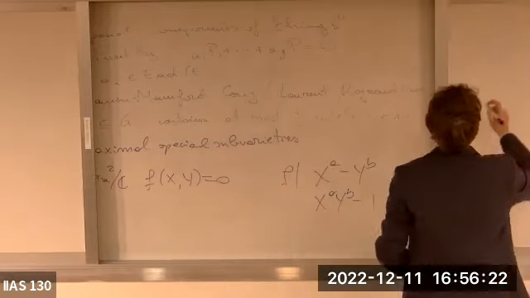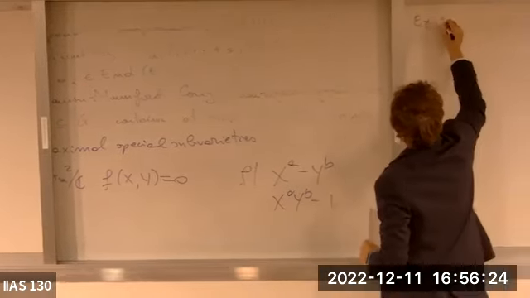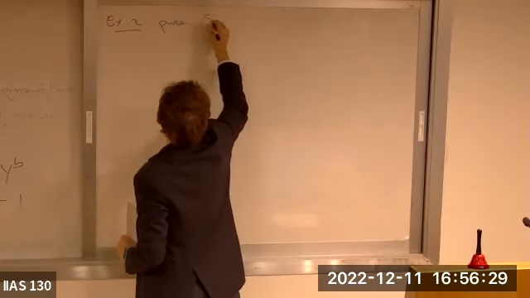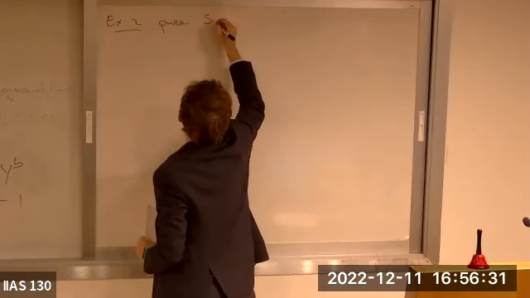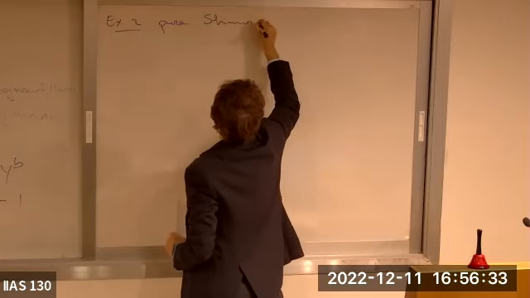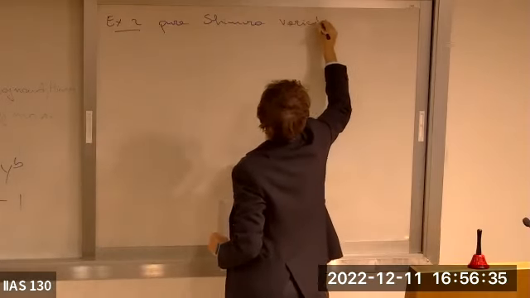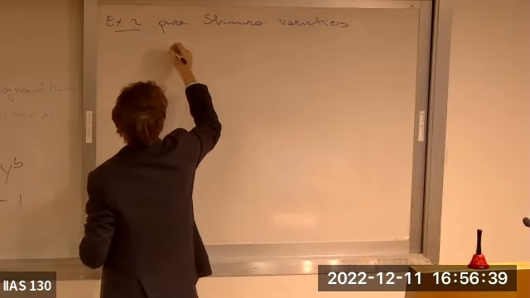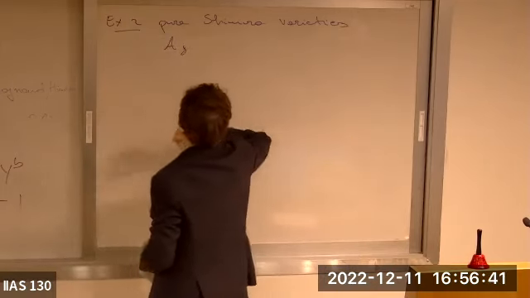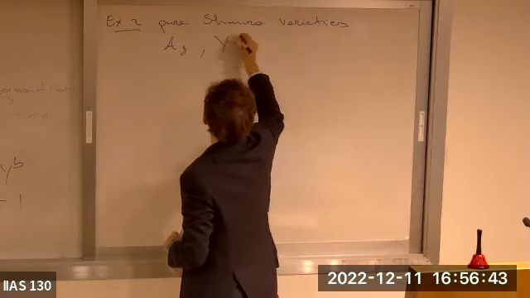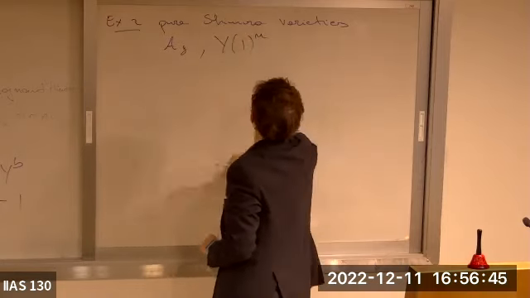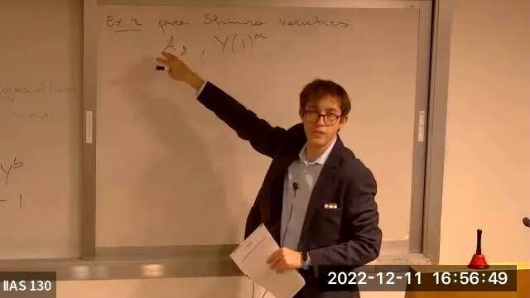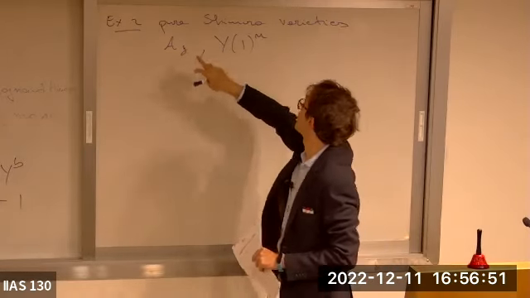Okay. So the second example is pure Shimura varieties. Actually, connected pure Shimura varieties. And here we have as more concrete examples this A_g, or even more concretely Y(1)^n. So this is just the moduli space of principally polarized abelian varieties of dimension g.